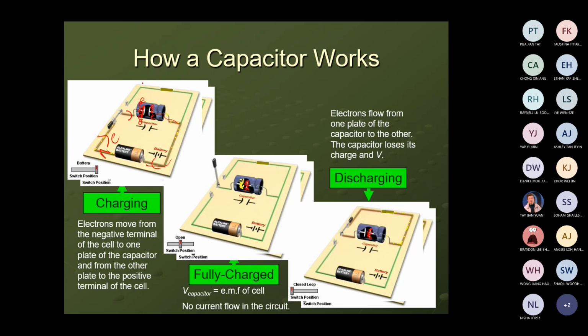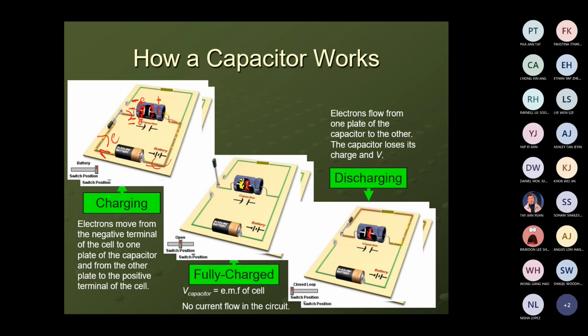This causes the left plate to become negatively charged because of the accumulation of electrons. The right plate becomes positively charged because electrons leave the plate. So that's charging. The electron moves from the negative terminal to the left plate. Due to repulsive force, the electron from the right plate will be pushed backward to the battery.